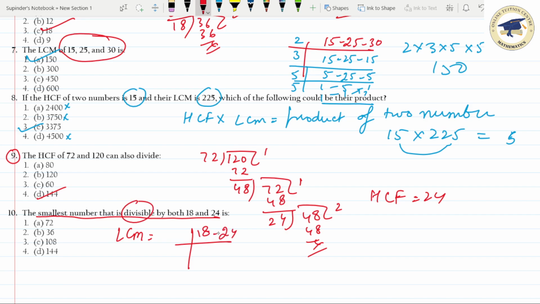So we have to find the LCM. The LCM is 72. In 10, the answer is 72.